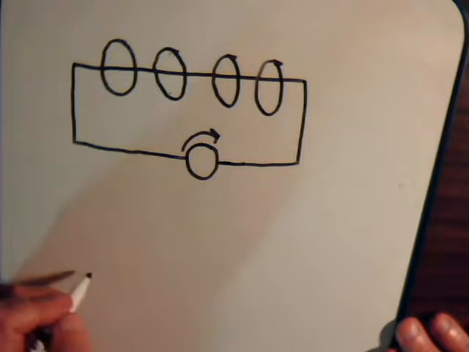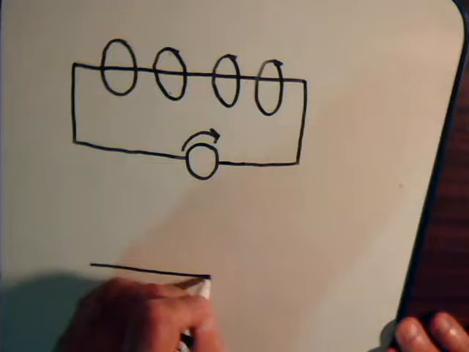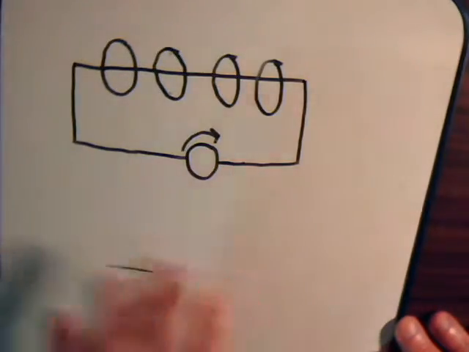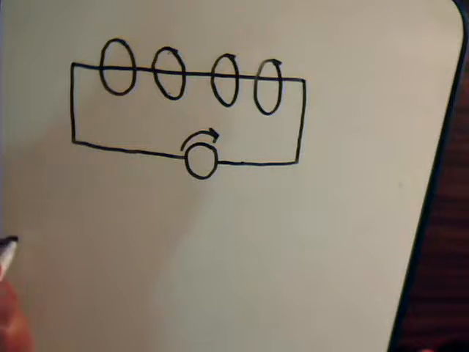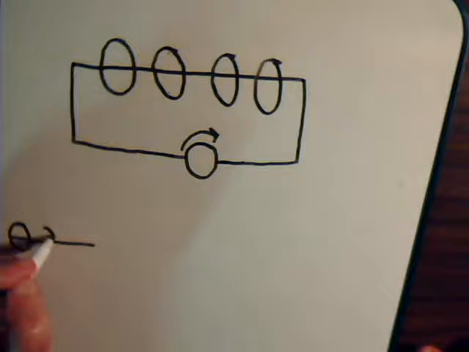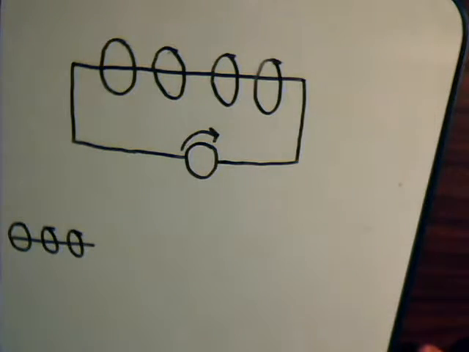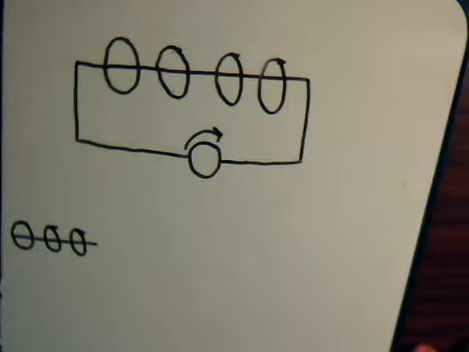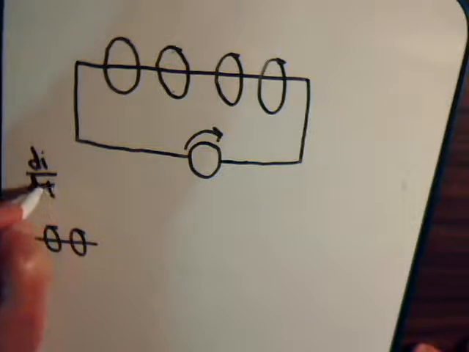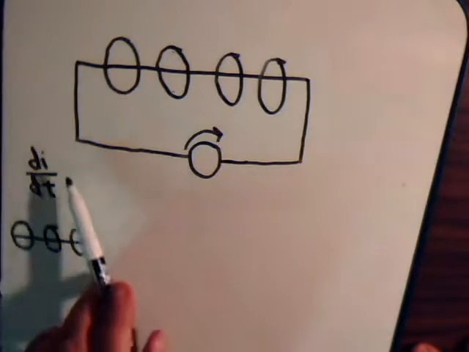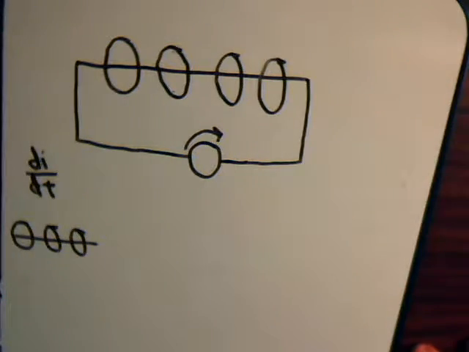What that means in terms of these magnetic fields is that originally they might be like this. But then as the rate of current increases, and I say rate of current, we're going to show that as di/dt, the way they do in calculus, the instantaneous rate of change of current with respect to time.